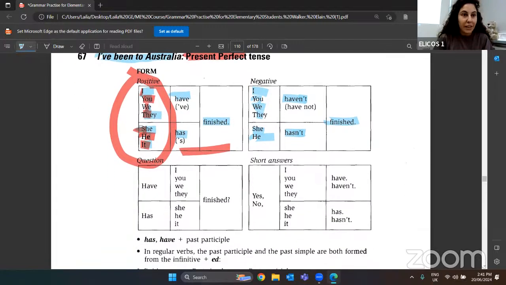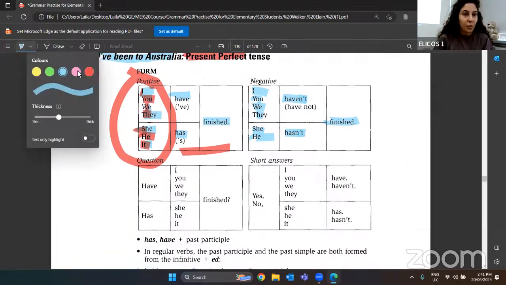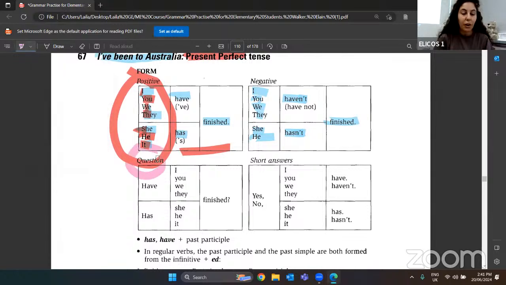So if we want to make a question, as we know, we always start with the verb of the grammar that we're using. Because we're using the present perfect, which has have, we're going to start with the have. So, have you finished work? If it's he, she, it, remember, has he finished his homework?